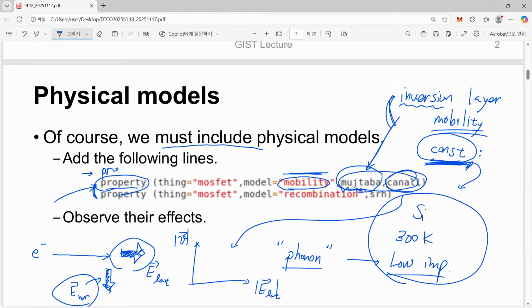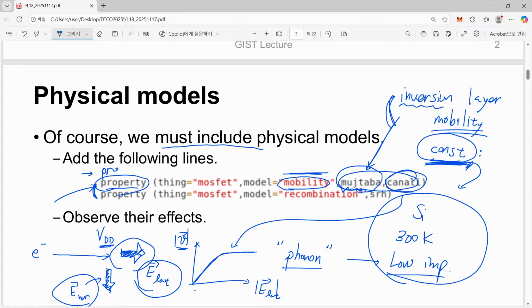When you apply quite high voltage to your drain, then in the lateral direction we also have a quite high lateral electric field that degrades the velocity; that high electric field saturates the electron velocity. So simply speaking, we have this kind of behavior.